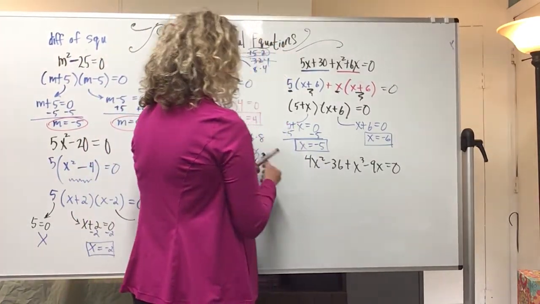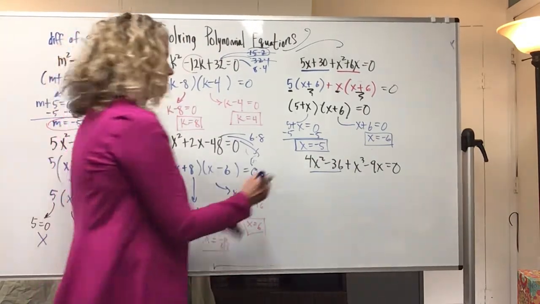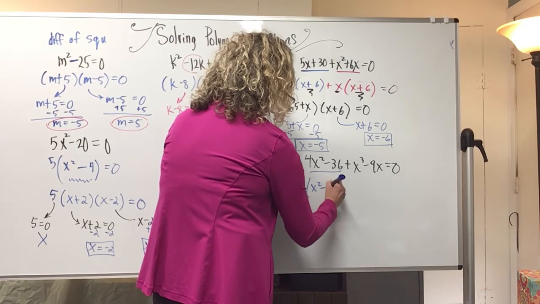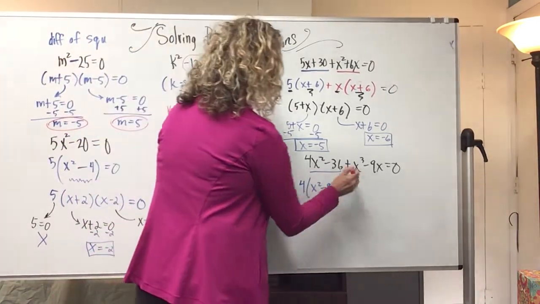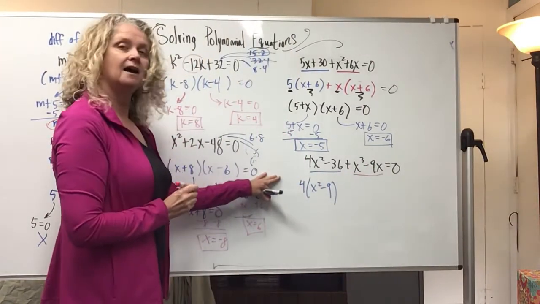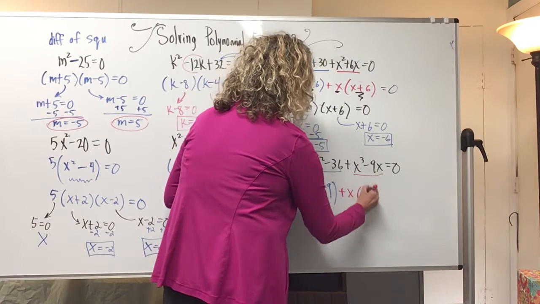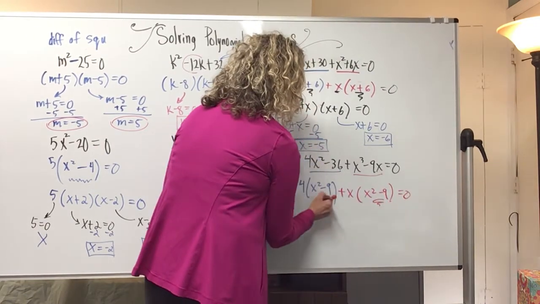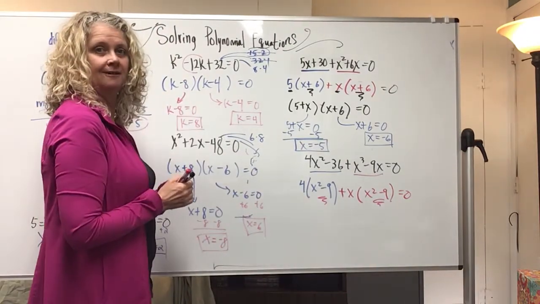Last example, looking at the first two, you can pull out a 4. They have a 4 in common, and we get x squared minus 9. And now we're going to look at the next two, and they have an x in common. So you're going to pull out an x, and that's also going to leave you with x squared minus 9. Notice, factor by grouping, if the two parentheses match, then you know you did it right.